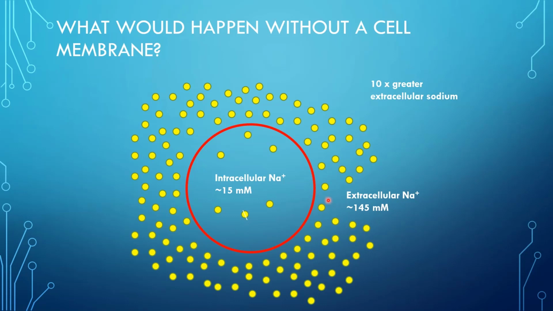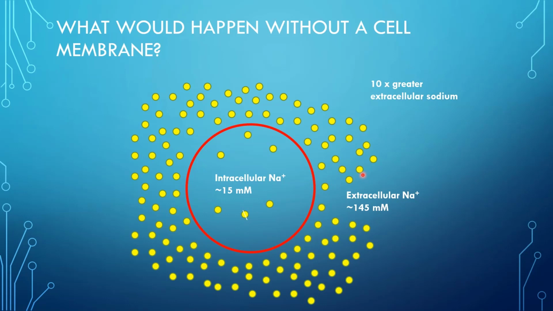Now, there's also a greater concentration of sodium ions. We have all of these sodium ions out here. In fact, about a 10 times greater concentration of this particular molecule outside of the cell than there is inside. So what should diffusion push sodium to want to do? So in both cases, the answer, at least for sodium, is the same.